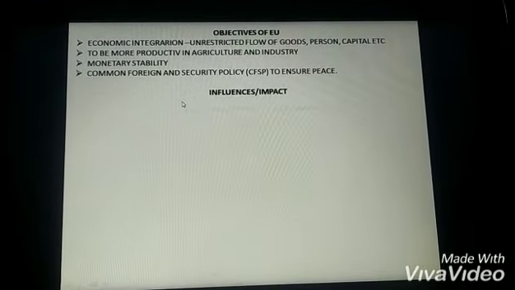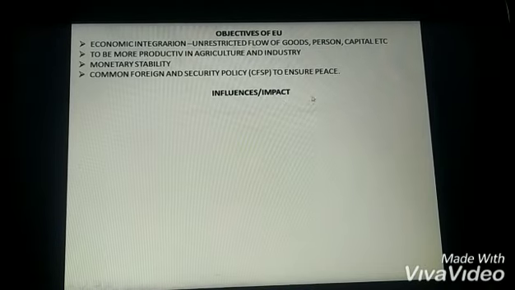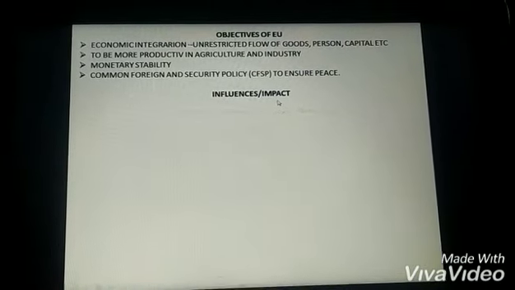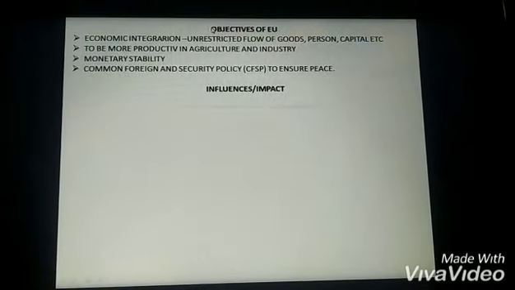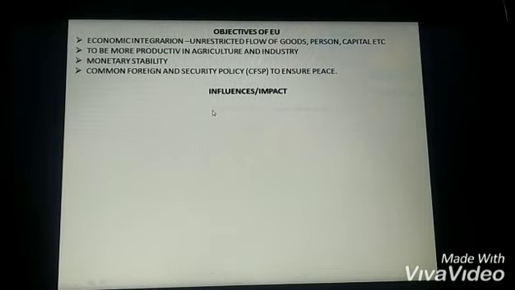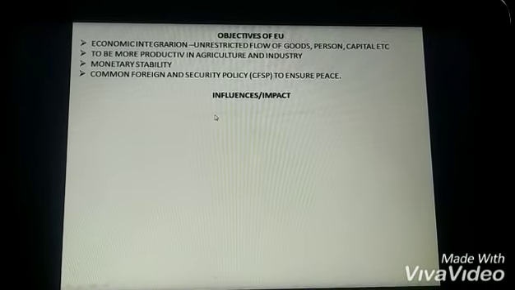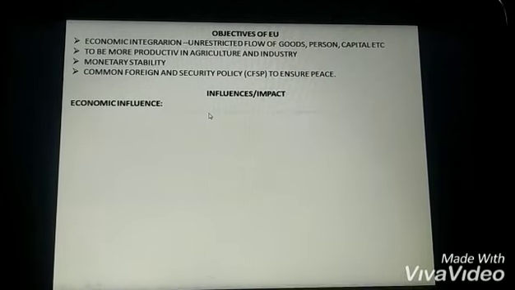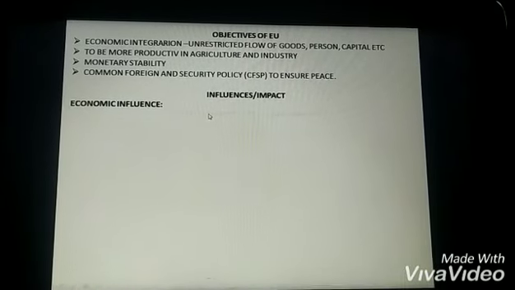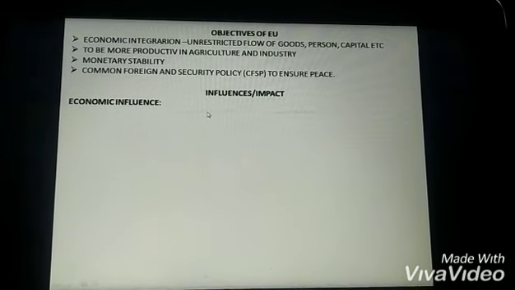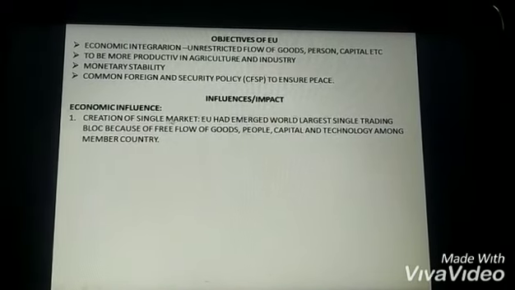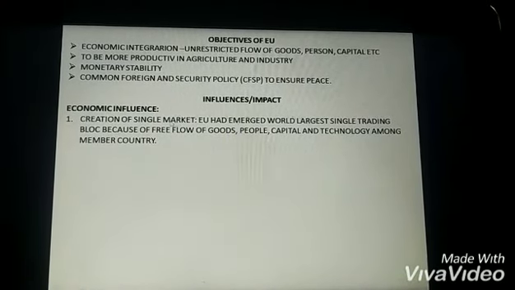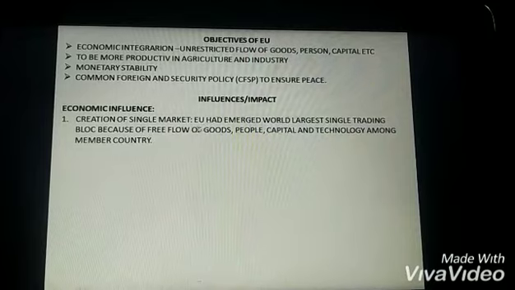Now we want to see the influence, or the impact, of the presence of this EU in the world, or how it is functioning as an alternative center of economic and political power. It has different arenas of influence. First, let's see the economic influence. They have created a single market among the member countries.